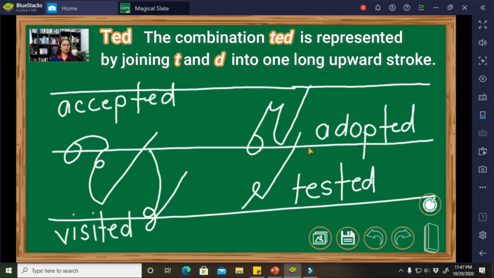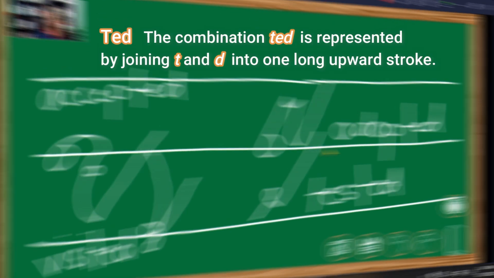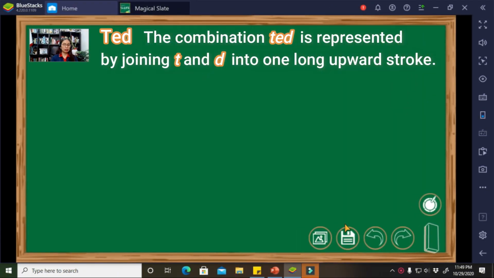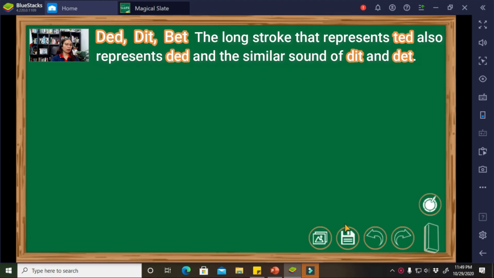So that is the rule in TED. Next principle, may I give you the next principle? It says that the long stroke that represents TED also represents dead, dit, and det.